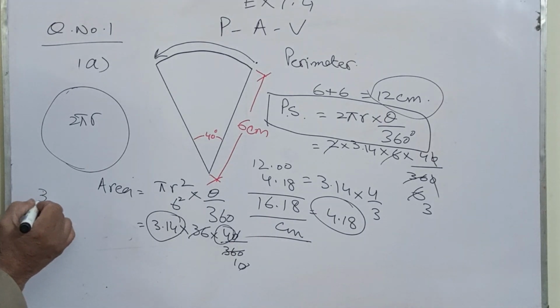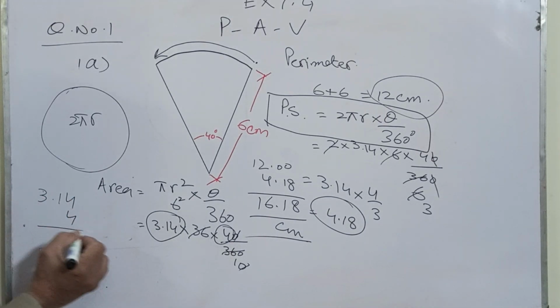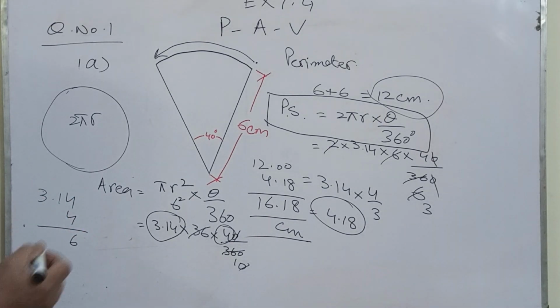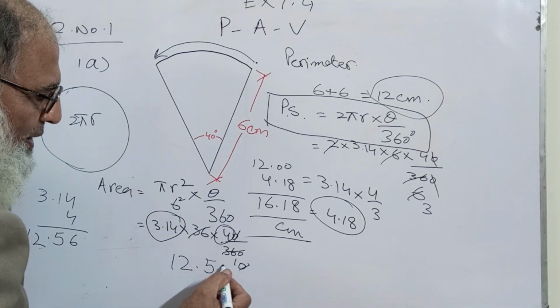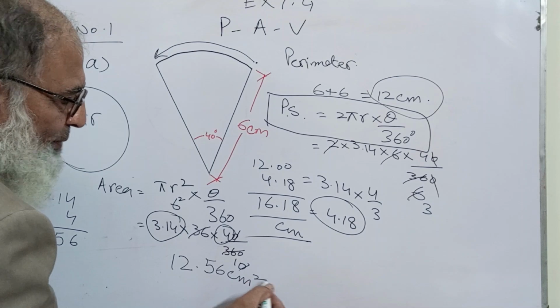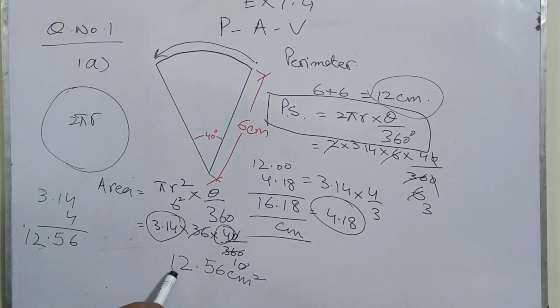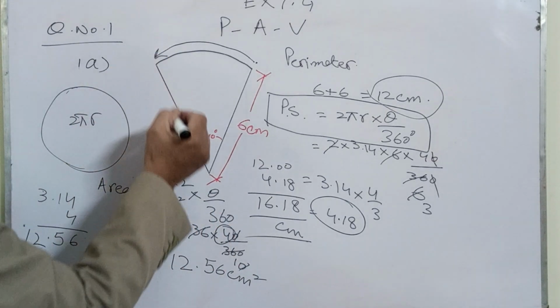So 3.14 multiplied by 4 is 12.56. 12.56 is the area of this particular figure and it will be written like this: 12.56 centimeter square. You can also write it in complete English like this.